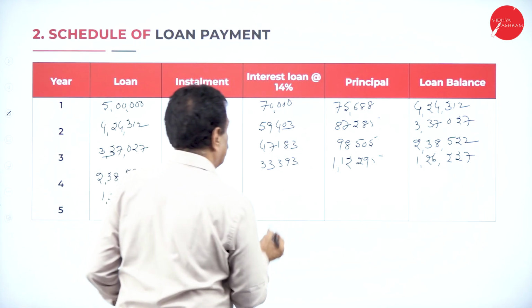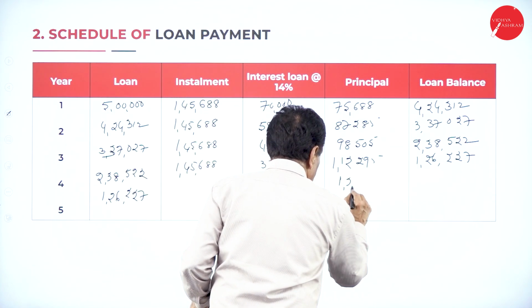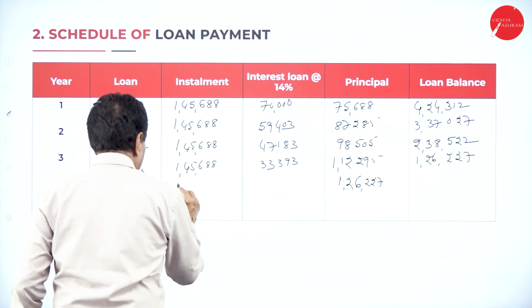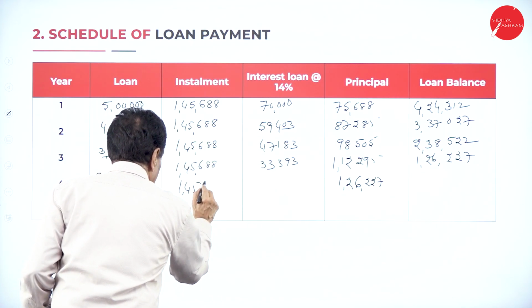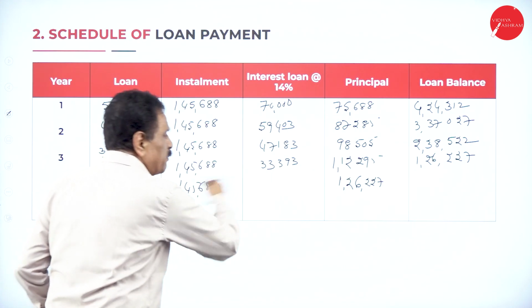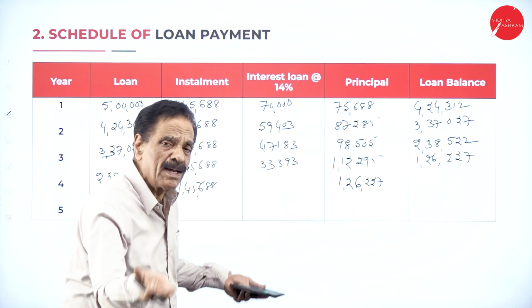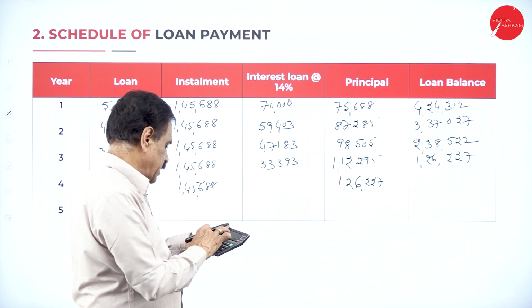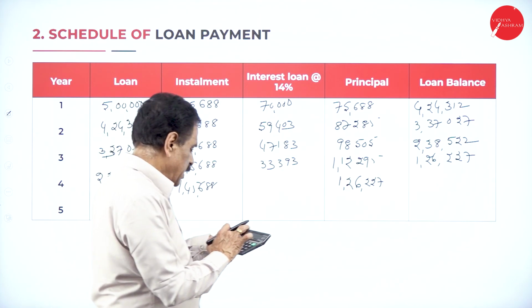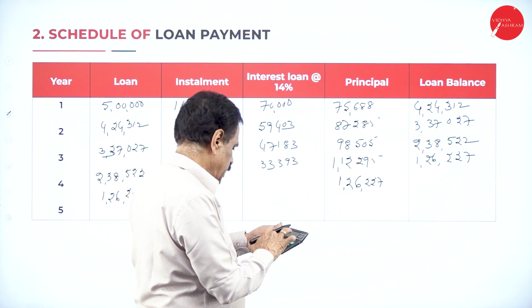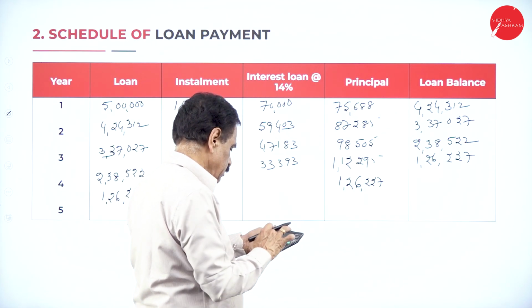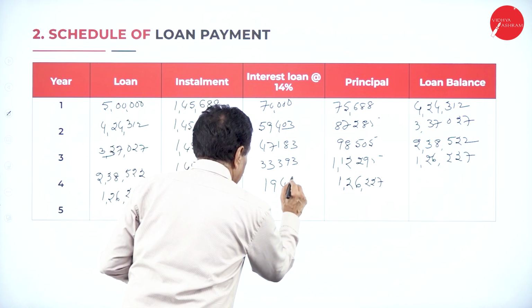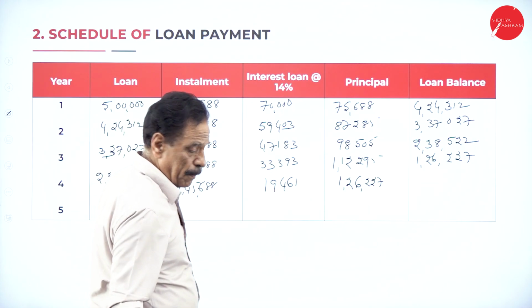He will pay the principal money, the same amount, 1 lakh 26,227. What's the installment he has to pay? 1 lakh 45,688. Whatever the difference comes, that may be more or less, he has to pay. 1 lakh 45,688 minus 1 lakh 26,227 is 19,461, the interest he paid.